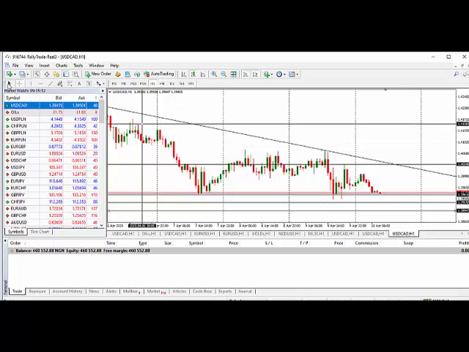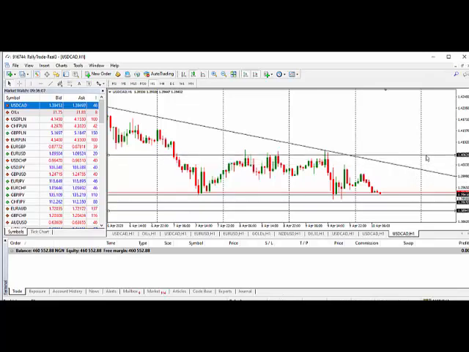So we need to still adjust up our entry price, especially if this particular candle pushes up from here. So we should adjust it slightly up, around this level. Once USDCAD is able to break to this point, we can have a buy and then have our TP at this price level.